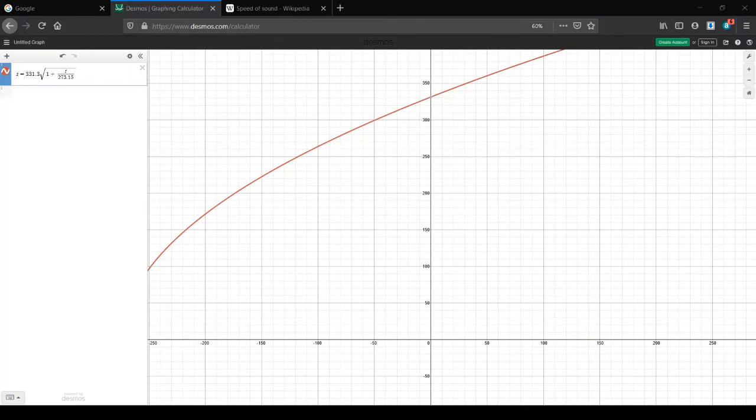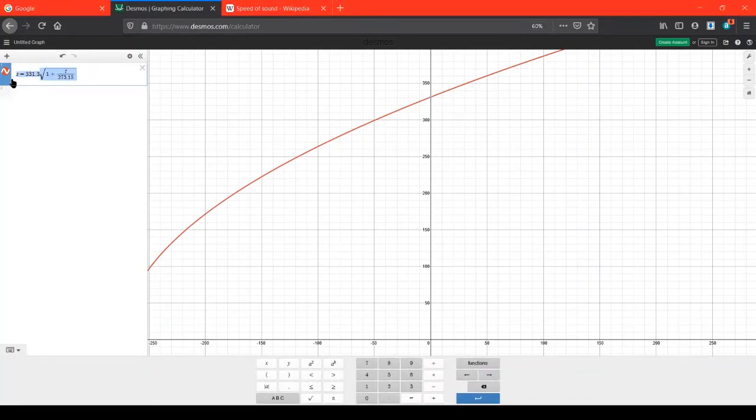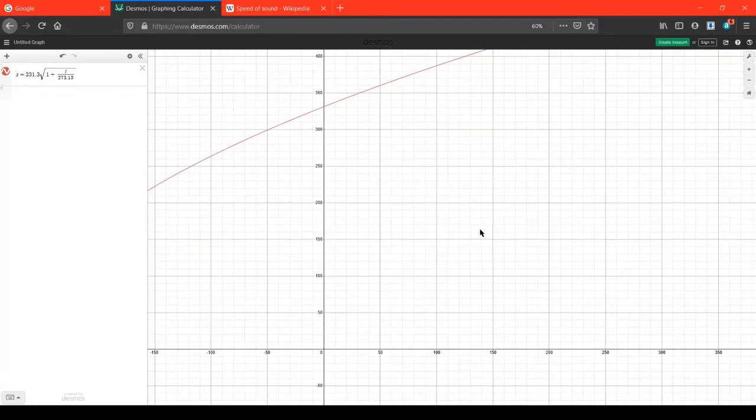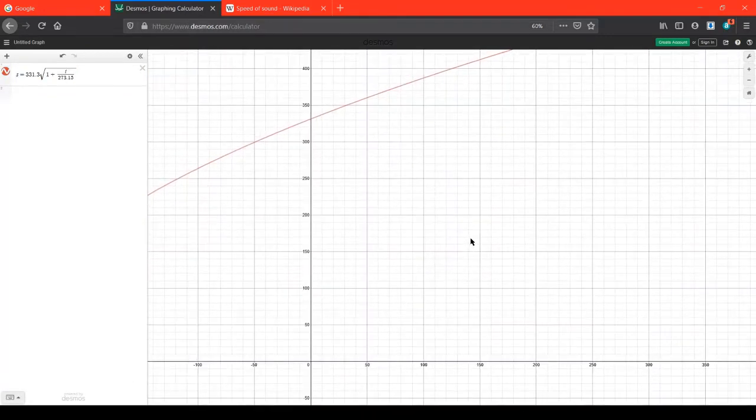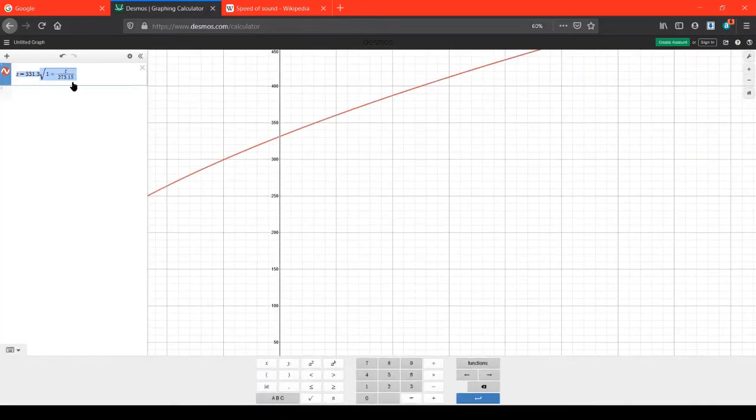Now, from what I found out online, this formula becomes invalid for very high temperature. So when the air temperature is very high, then that formula kind of breaks down. This is valid for a normal range of temperature. We're talking about our atmospheric temperature.